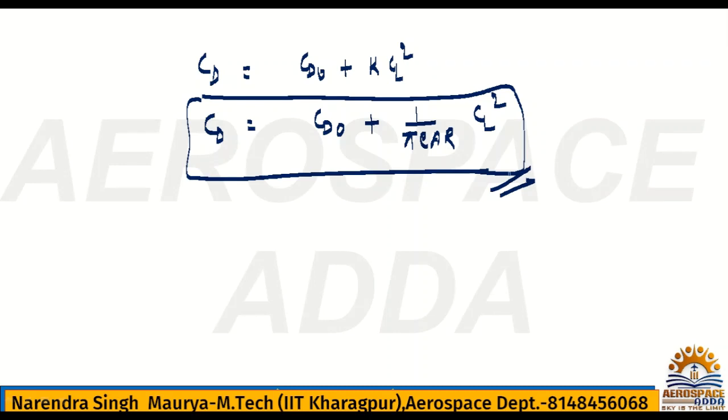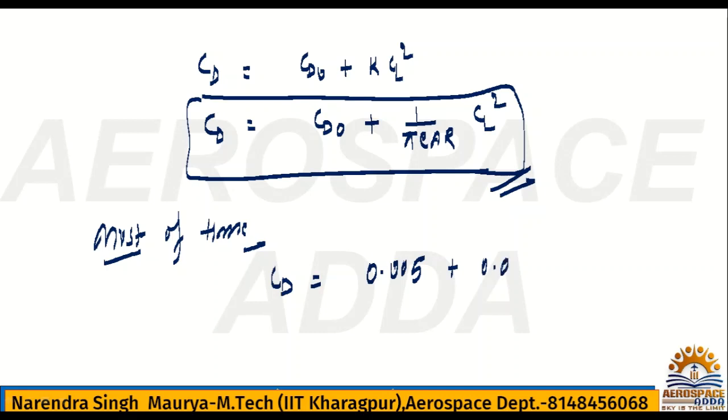Most of the time they will give the equation in this format. Like they will give 0.05 plus 0.016 CL square. So you have to compare this.